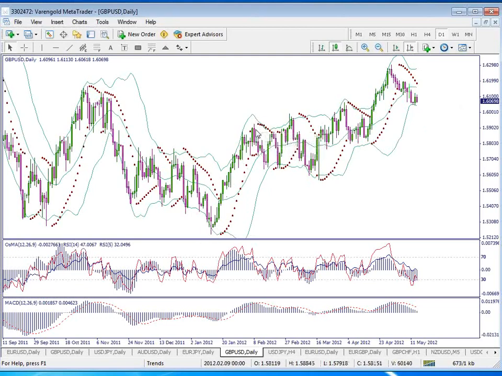The first impulse was stronger, and after that we have one period of consolidation, one period when the market just swung between those levels. And after that, the market just continued the uptrend. So I have an idea of what is happening in the market.